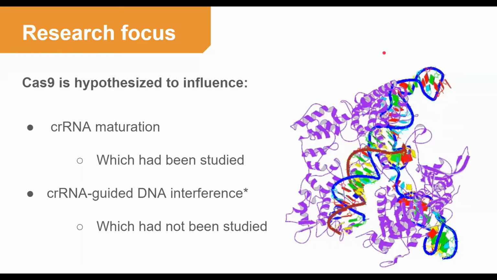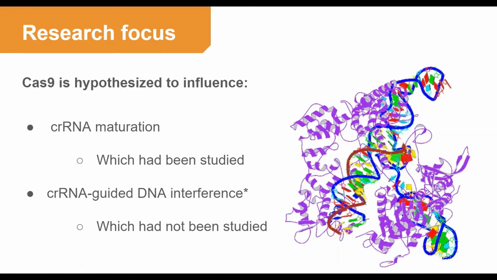The last portion that I'll be talking about for the introduction to this piece of literature is the research focus. The authors led into the experiments by discussing Cas9 and how Cas9 had been previously hypothesized to influence crRNA maturation and crRNA-guided DNA interference. crRNA maturation by Cas9 had been studied previously, whereas crRNA-guided DNA interference by Cas9 had not been studied.